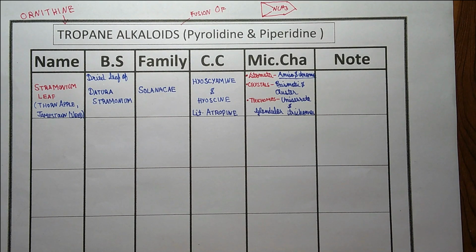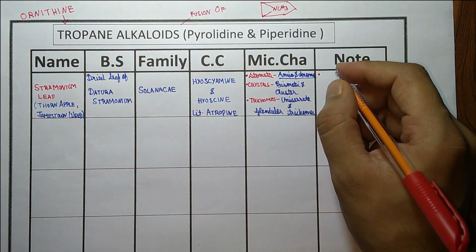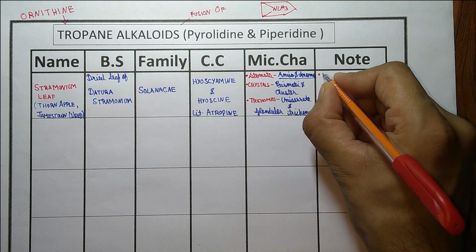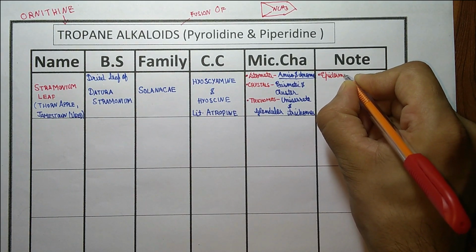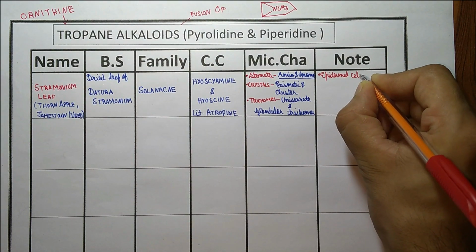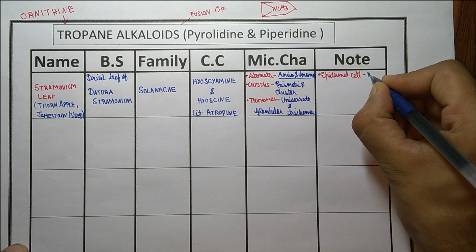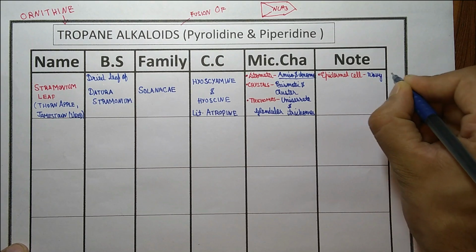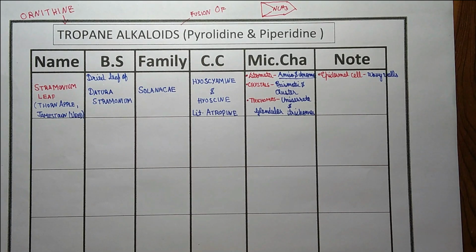And one more specification we can write in this box: the epidermal cells have wavy walls, and it has a bicollateral structure.